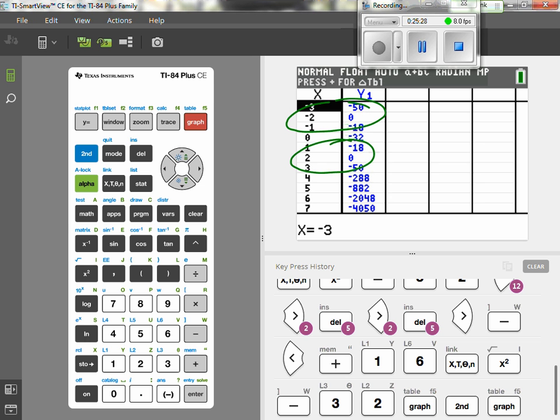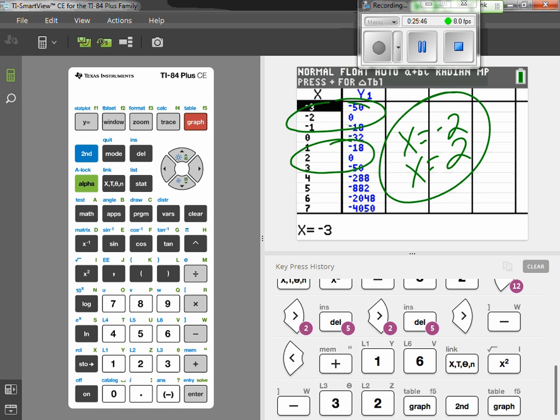So the answers for this here are -2 and 2. x is equal to -2 and x is equal to 2. On the homework assignment, it's going to ask you to do this and identify the correct graph. So you'll need to graph these and pick out which one of the graphs it is.